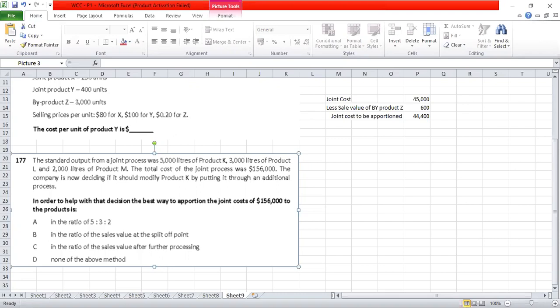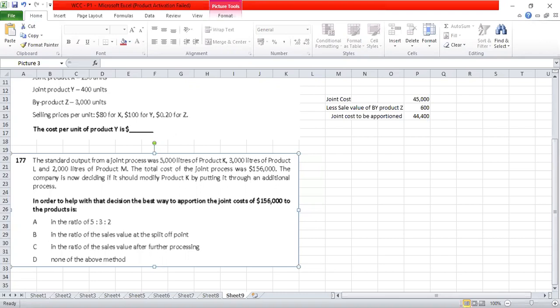But the next line talks about the company deciding if it should modify product K by putting it through an additional process. The decision is connected to this thing. Which method will tell that it should be taken up for further process? There is no connection. That decision is not anyhow connected to the method of apportionment of joint cost.